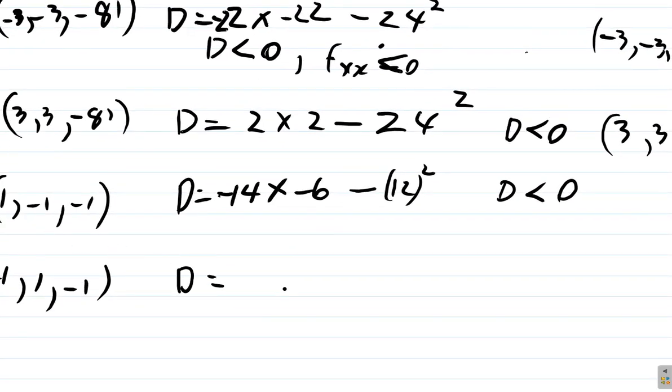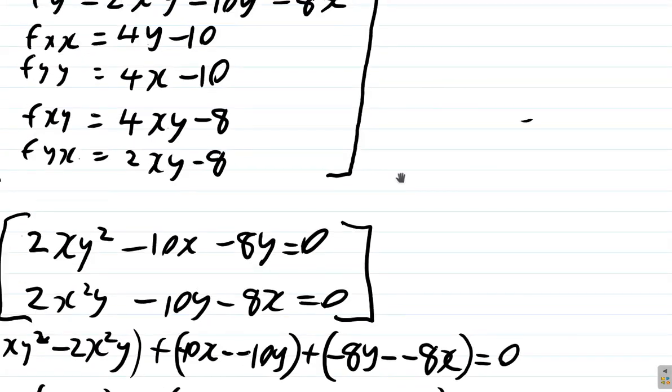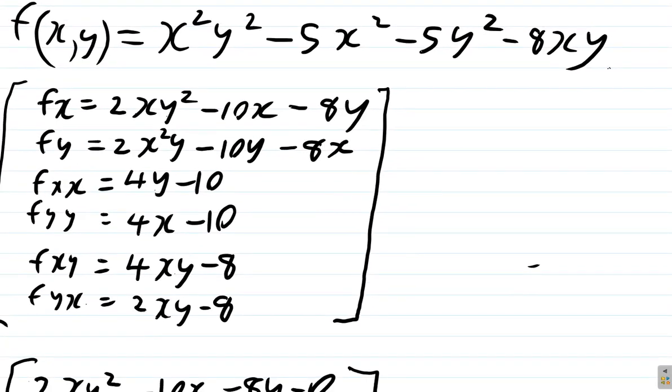And when x is negative 1 and y is positive 1, negative 1, 1, f of xx would be 4 by y, which is 4, 4 minus 10.